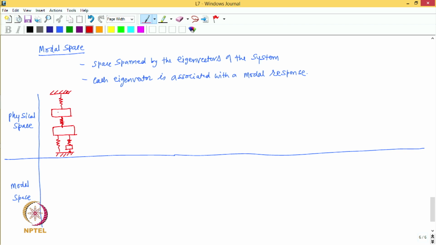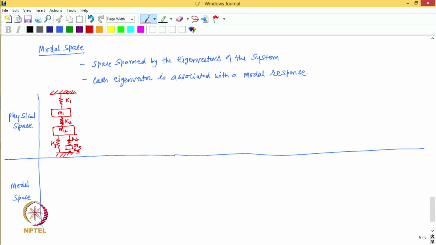So, you can see we have M1, M2 and M3, 3 masses, and then we have these stiffnesses K1, K2, K3, K4 and K5, right. So, this is the physical system.